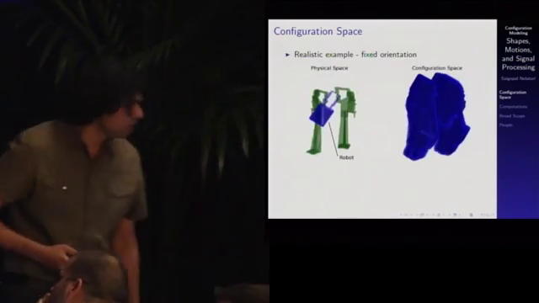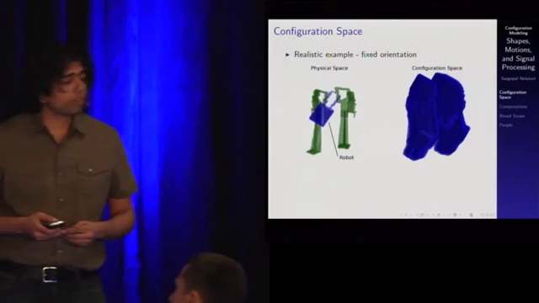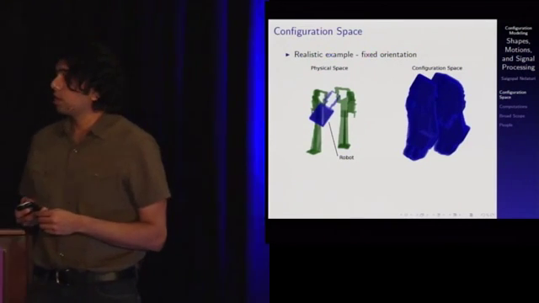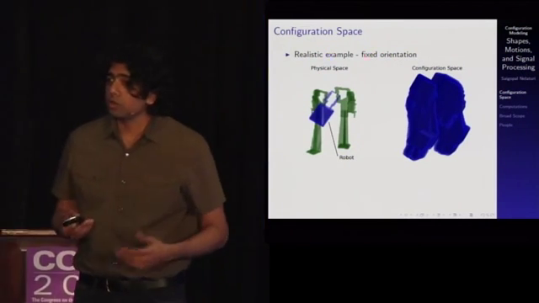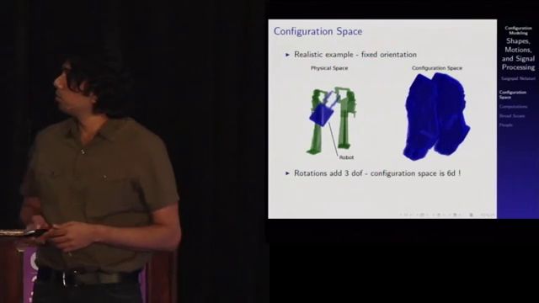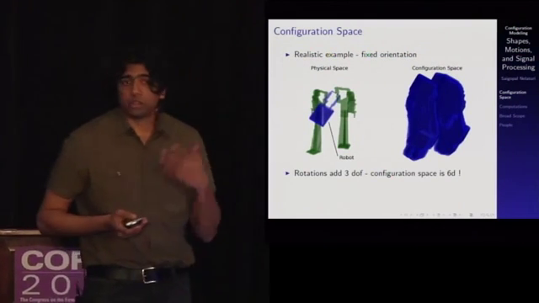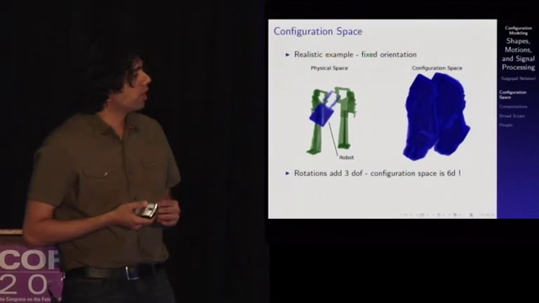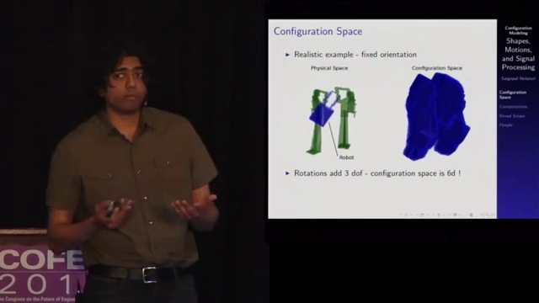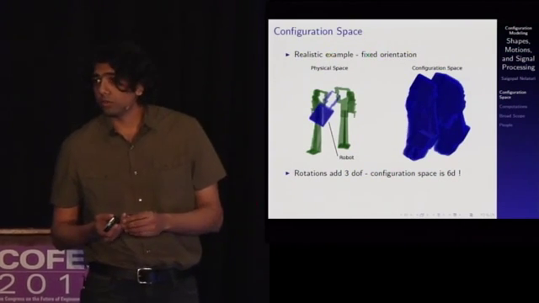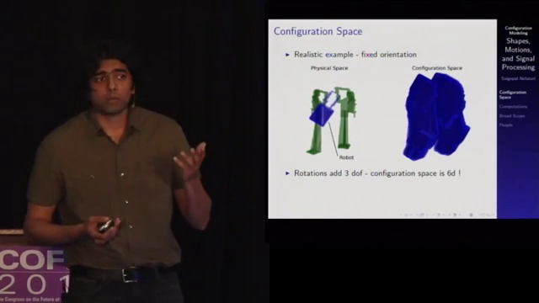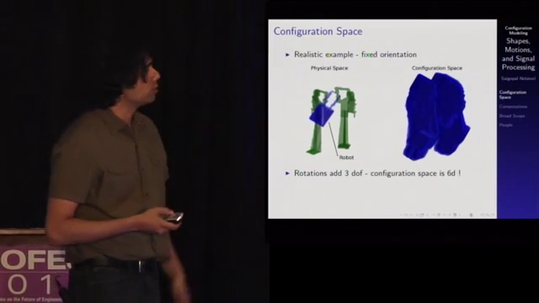For realistic parts, the configuration space obstacle looks quite complicated and is still a challenge to compute. Furthermore, when you add rotations to the degrees of freedom of the robot, you have 6 degrees of freedom for the rigid body moving in 3D space, and so the configuration space becomes 6-dimensional. So how do you actually solve these problems?